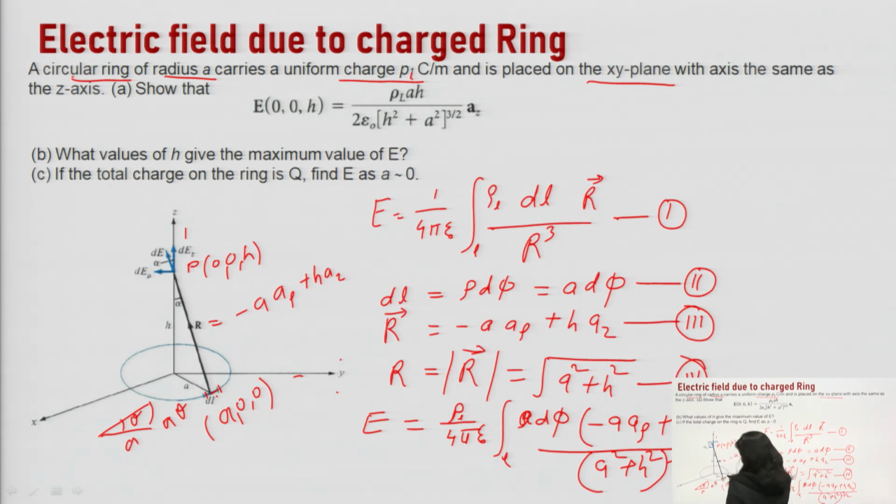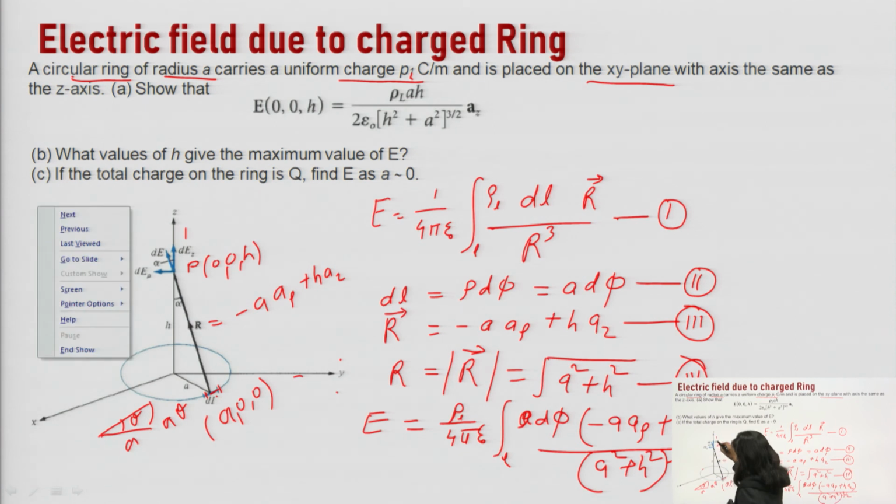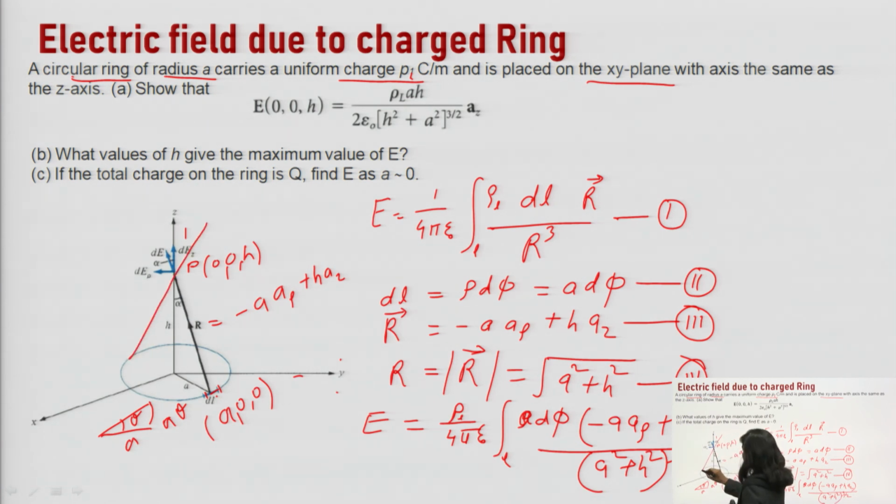Now come to the figure. See, for every differential element dl, there is a similar element on the opposite side also, which will contribute to the electric field. Means for a small elementary part dl there will be an electric field.